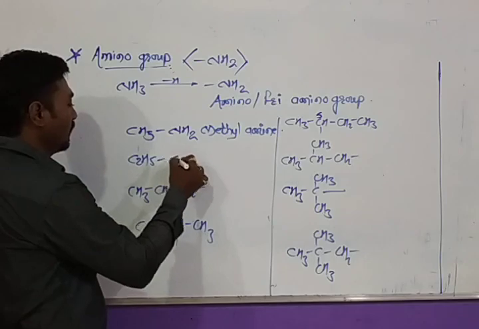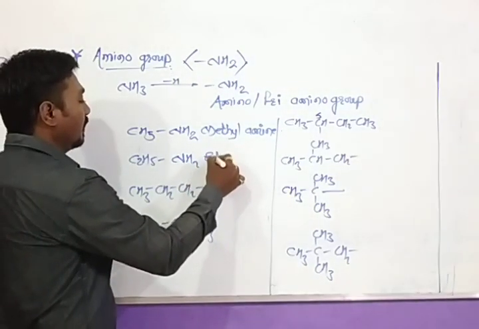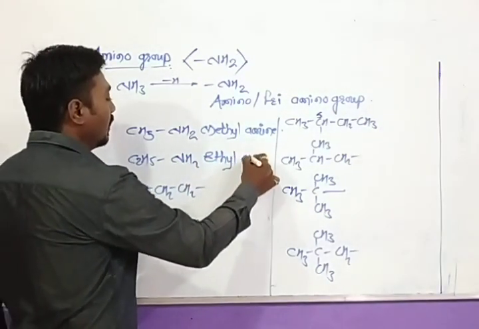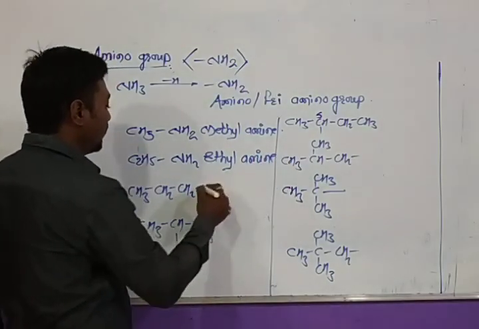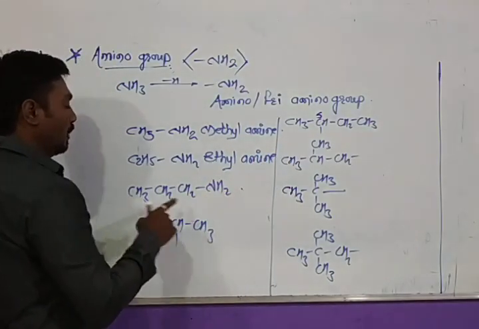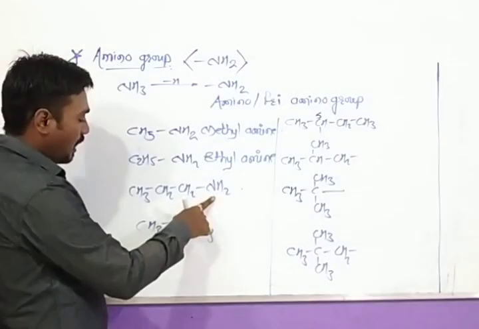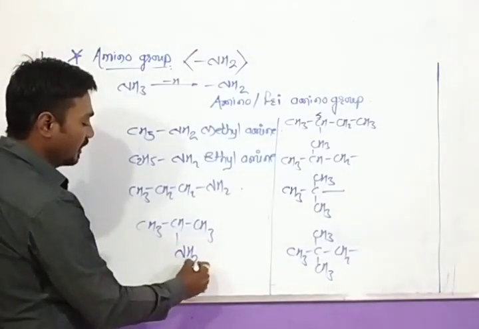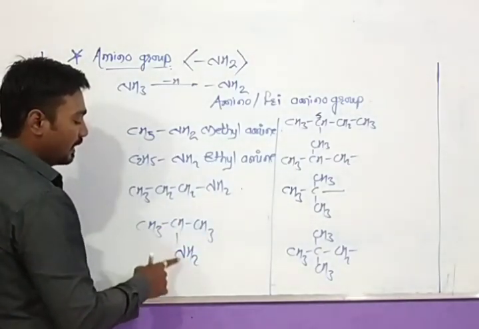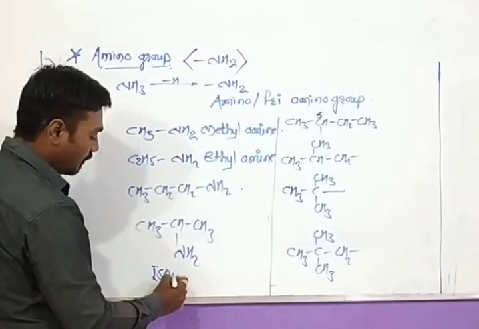In case of ethyl group, it will be ethyl amine. In this case, it will be N-propyl amine. In this case, we get secondary propyl or isopropyl amine.